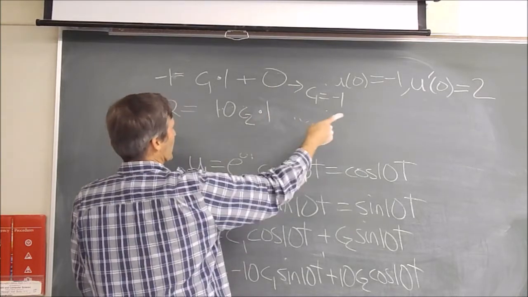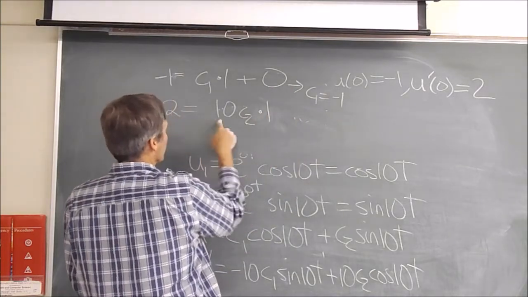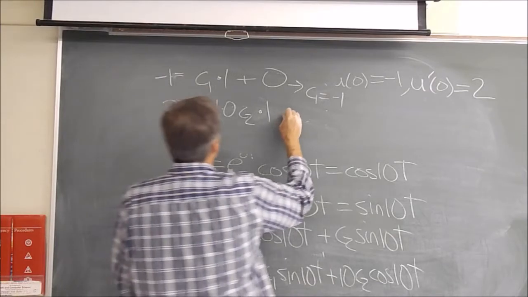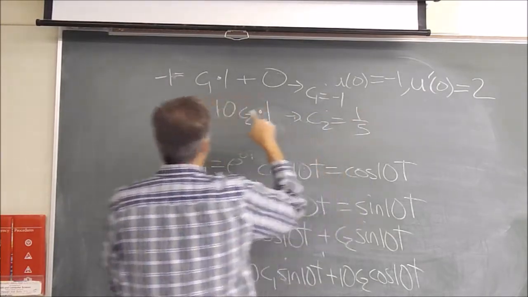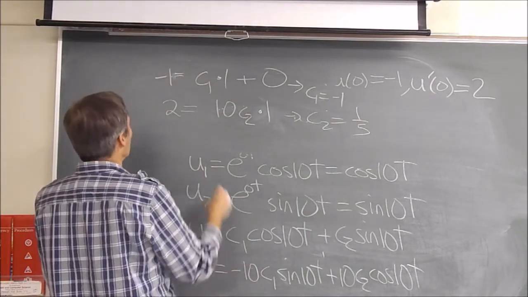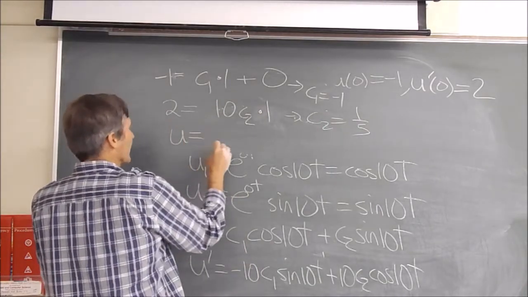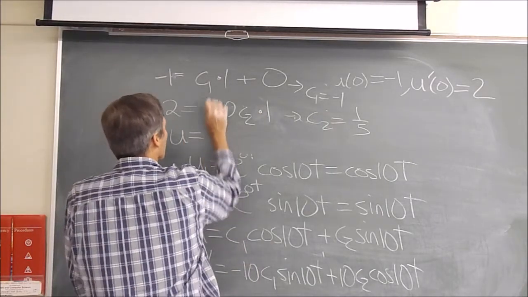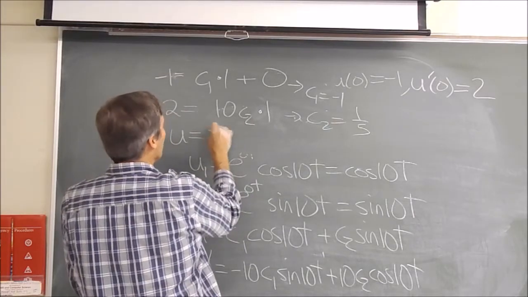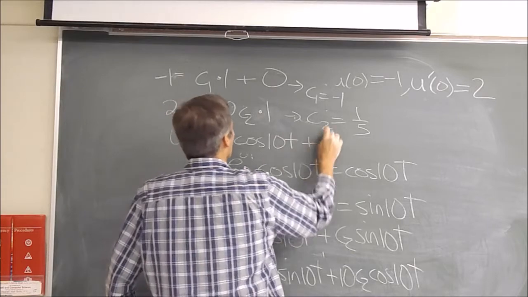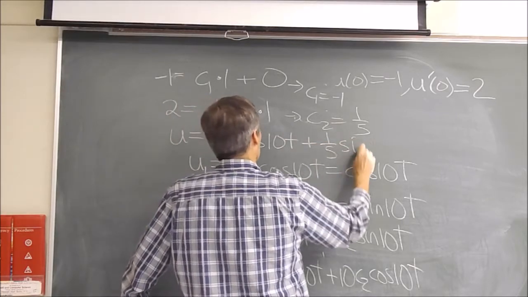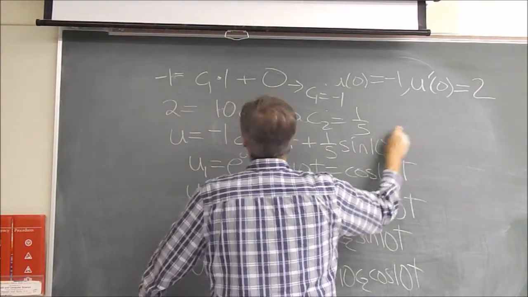So the second initial condition, u prime of 0 equals 2, says 2 equals 10 c2. So c2 is equal to 1/5, and putting those into the general solution tells us that u must be minus 1 cosine 10t plus 1/5 sine 10t.